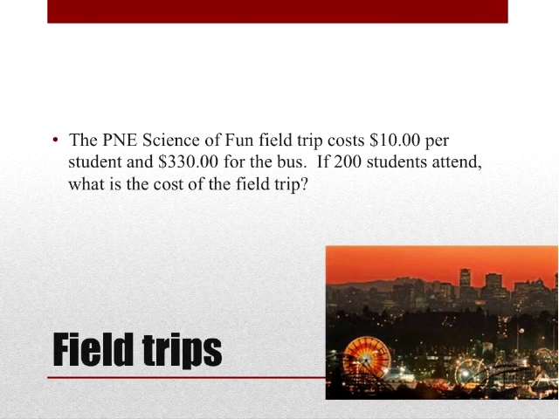Next question. The science field trip costs $10 per student and $330 for the bus. If 200 students attend, what is the cost of the field trip? Well, let's figure this out. $10 per student. So the first thing I'm going to write down is $10 times the number of students.